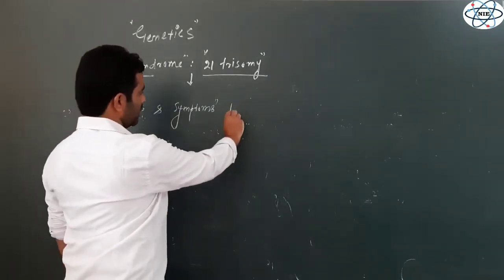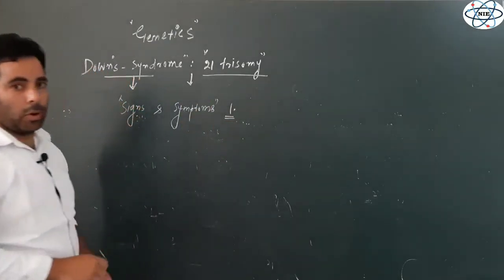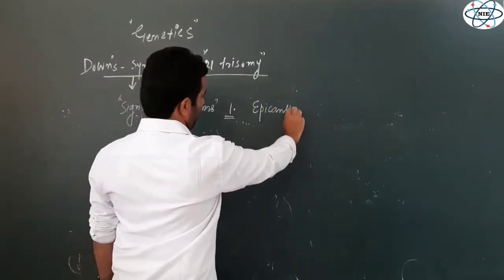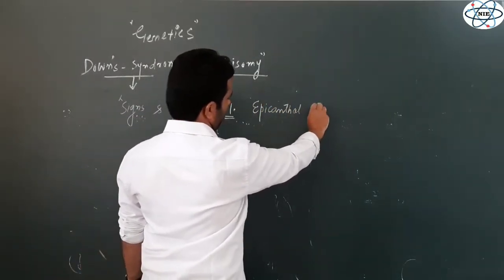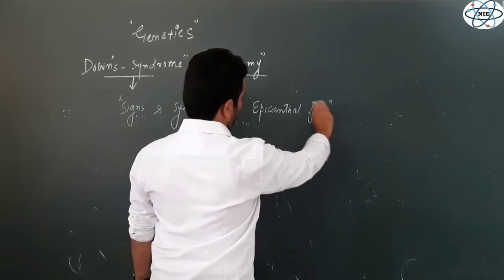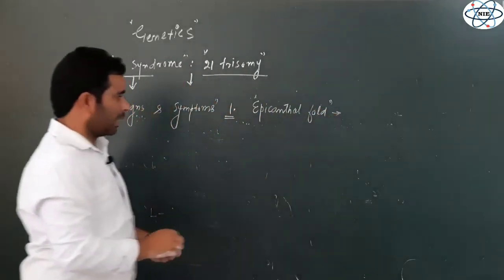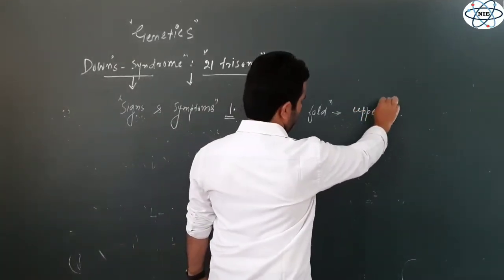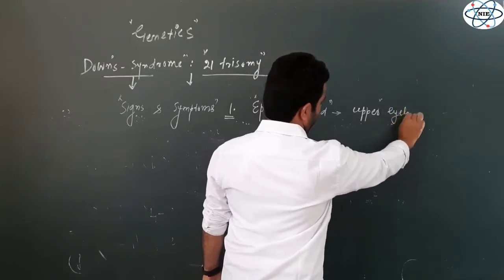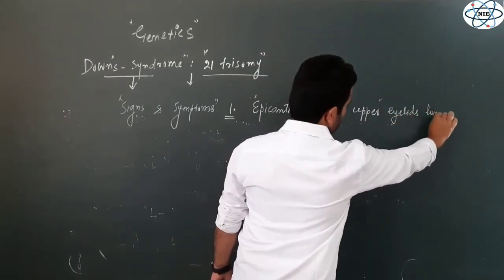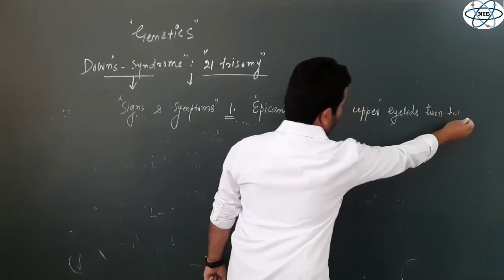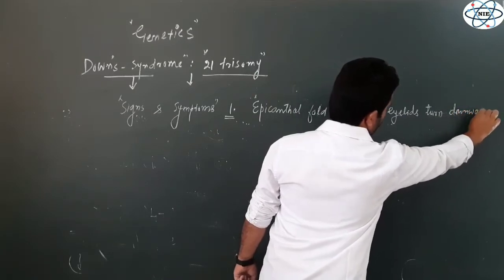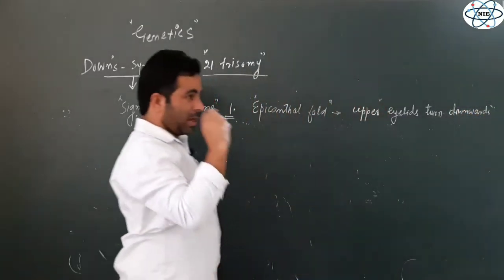The most important sign that you can observe from the outside body, right, is the epicanthal fold. The epicanthal fold means the upper eyelids in this patient turn downwards, almost closed type of eyes.